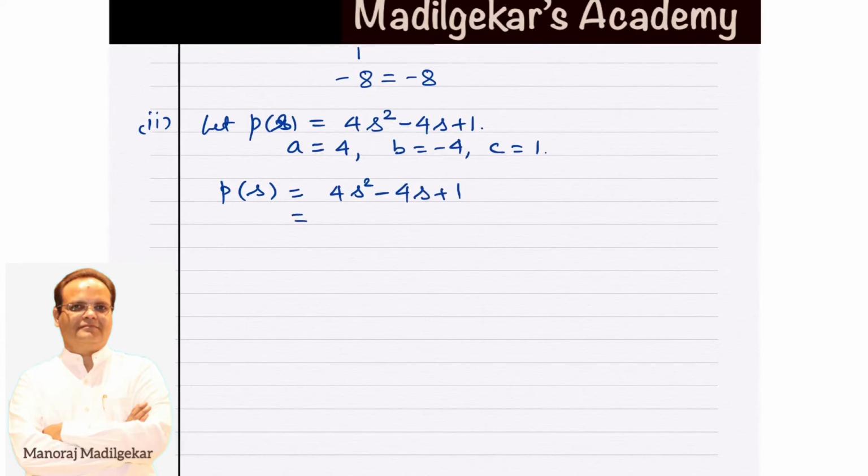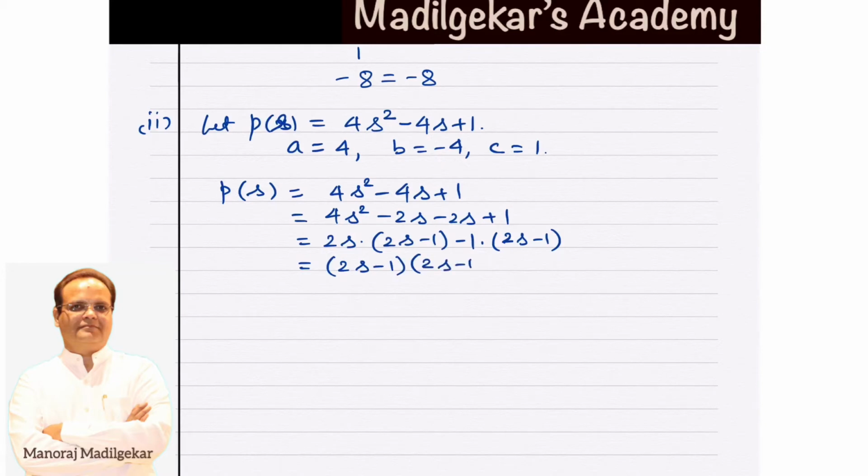Now, what are the factors of 4? Minus 2, minus 2. So, 4s square minus 2s minus 2s plus 1. From the first two terms, you can take 2s common, 2s minus 1. From the last two terms, minus 1 common, which gives 2s minus 1. That is 2s minus 1 into 2s minus 1.